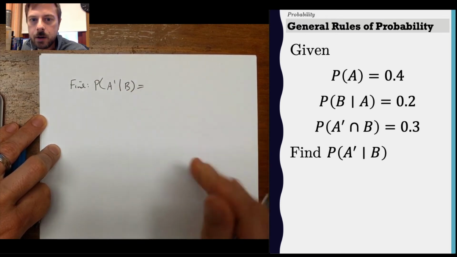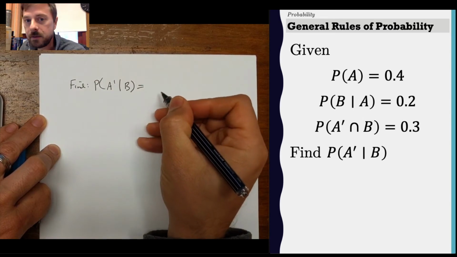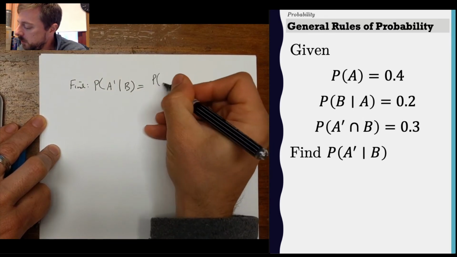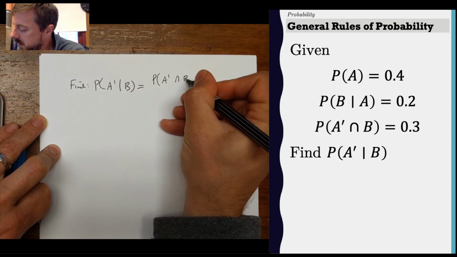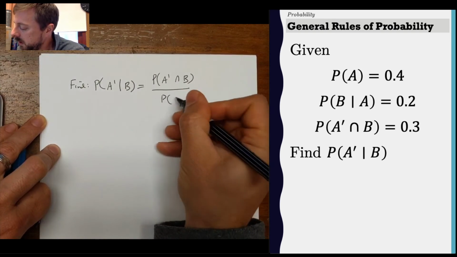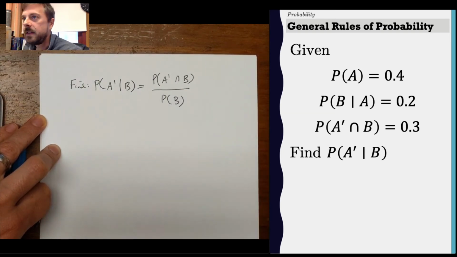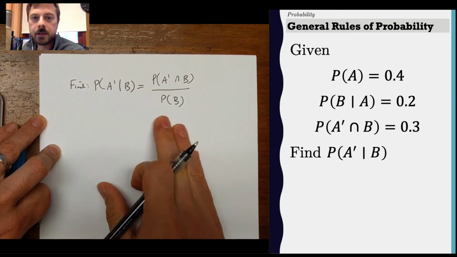Well, the first thing I'm going to do is write that as a formula. That's going to be the probability of not A intersect B divided by the probability of B, right? That's just how we convert a statement like this to a formula.